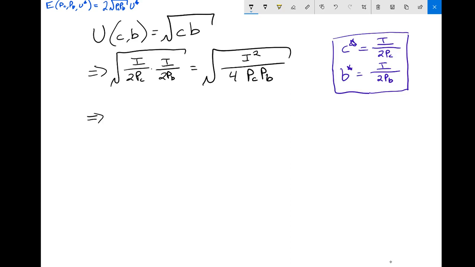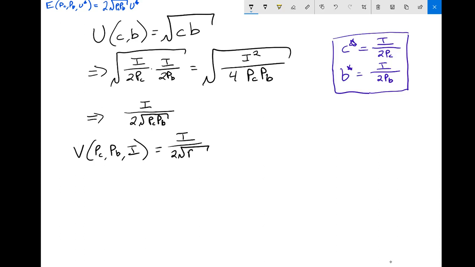Square root of I squared is just I. Square root of 4 is 2. So then we get square root of PCPB. So our indirect utility function is equal to I divided by 2 square root of PCPB.